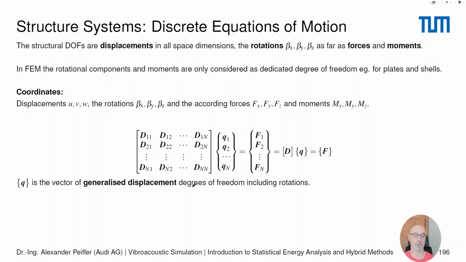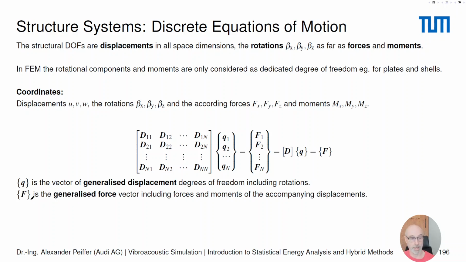Why generalized? Because it could be anything. It could be a mode shape, it could be a displacement, but it could also be a rotation. This is why we say generalized displacement in this context. And F is the generalized force, including forces and moments related to the accompanying generalized displacement.